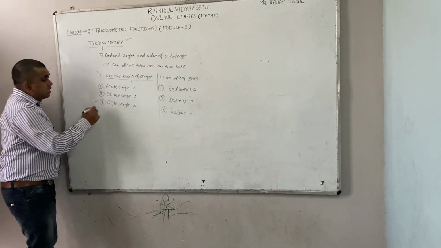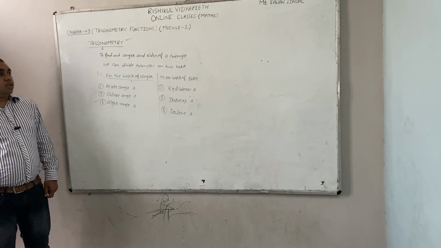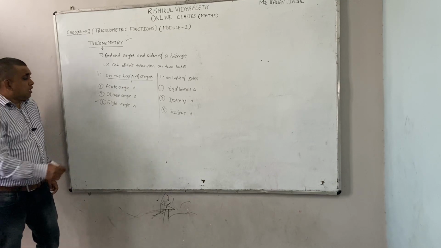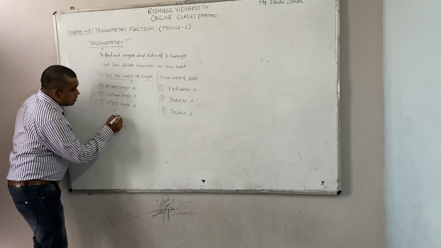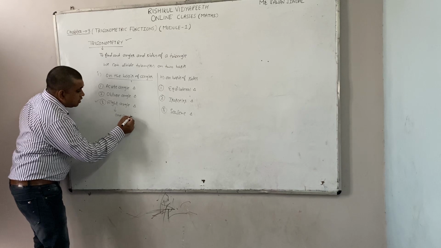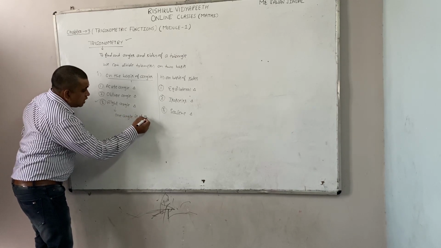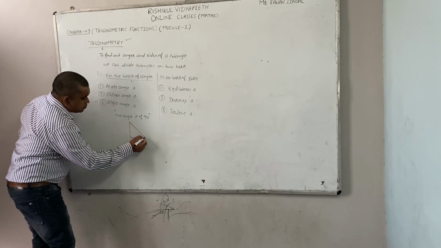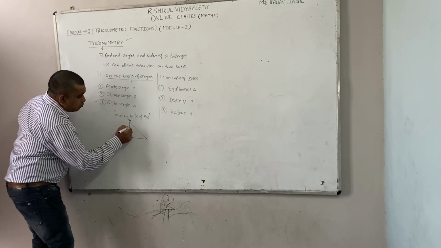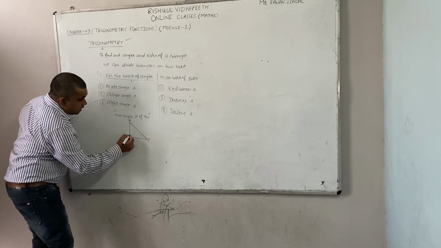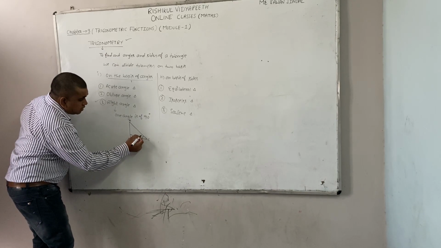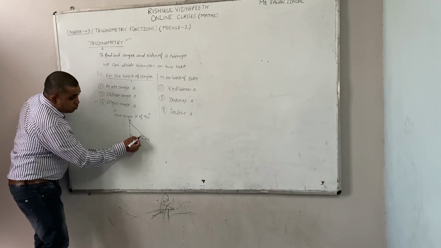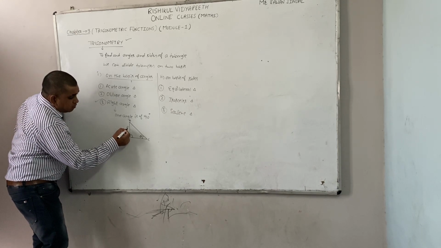Now we will study here about right angle triangle. What is a right angle triangle? Where one angle is of 90 degree. This is your right angle triangle, A, B, C. This is your 90 degree angle. Let this angle be theta. The side opposite to this angle is called your perpendicular.